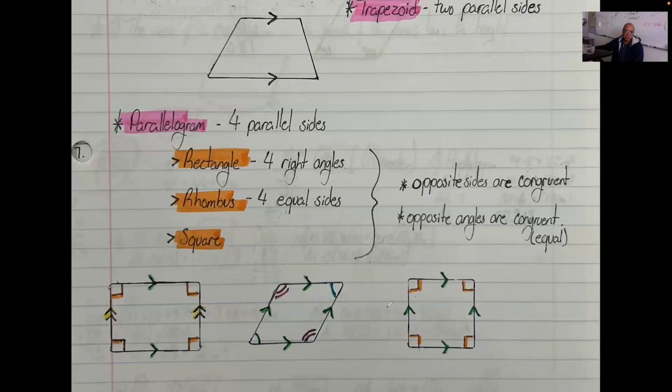Now, it is by looking at a square and a rectangle that you can notice one of the most important aspects of a quadrilateral. Notice that if this is 90 degrees, and this is 90 degrees, and this is 90 degrees, and this is 90 degrees, what's going to be the total measurement of the angles of a quadrilateral? Well, 90 plus 90 is 180. 90 plus 90 is 180.